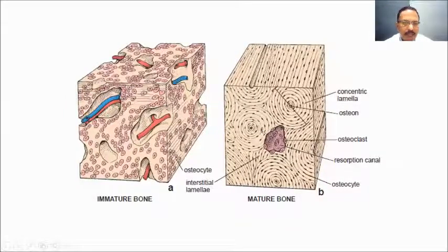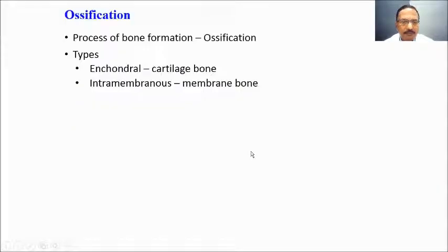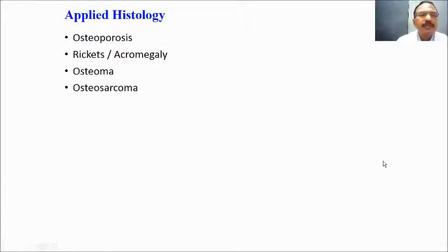This is again a diagrammatic representation of the mature and immature bone. So bone can also be classified, according to ossification, as endochondral or intramembranous, as well as membranocartilaginous bone.